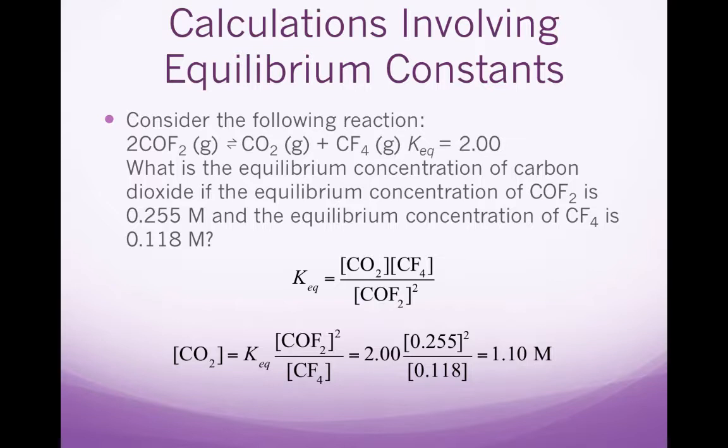So here, what we'll do is rearrange our equilibrium expression. So we get the concentration of carbon dioxide, which is what we want to find out, is equal to KEQ times the concentration of COF2 squared divided by CF4. We plug our values in, and we get a concentration of 0.110 molar for carbon dioxide.